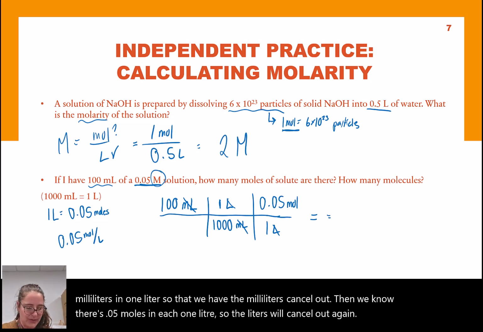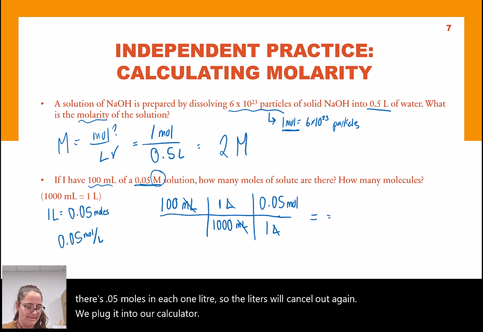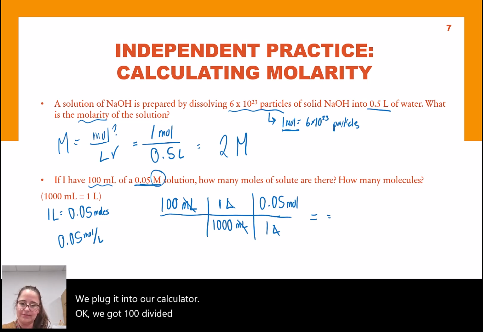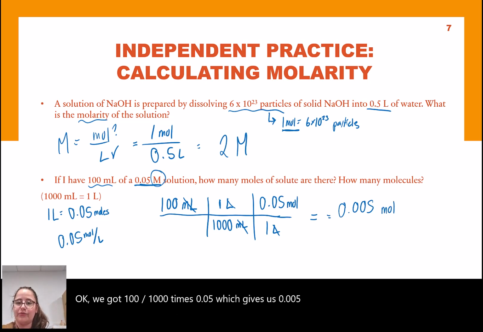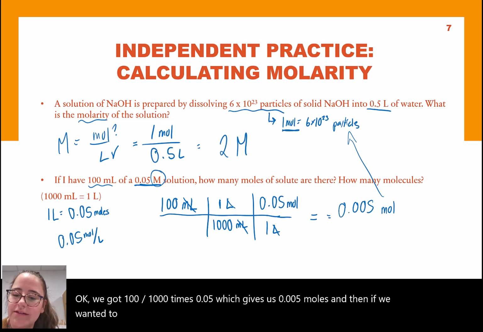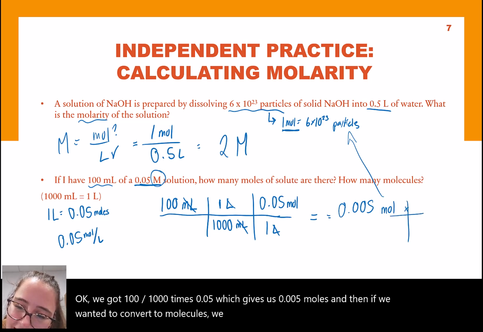We plug it into our calculator: 100 divided by 1,000 times 0.05, which gives us 0.005 moles.